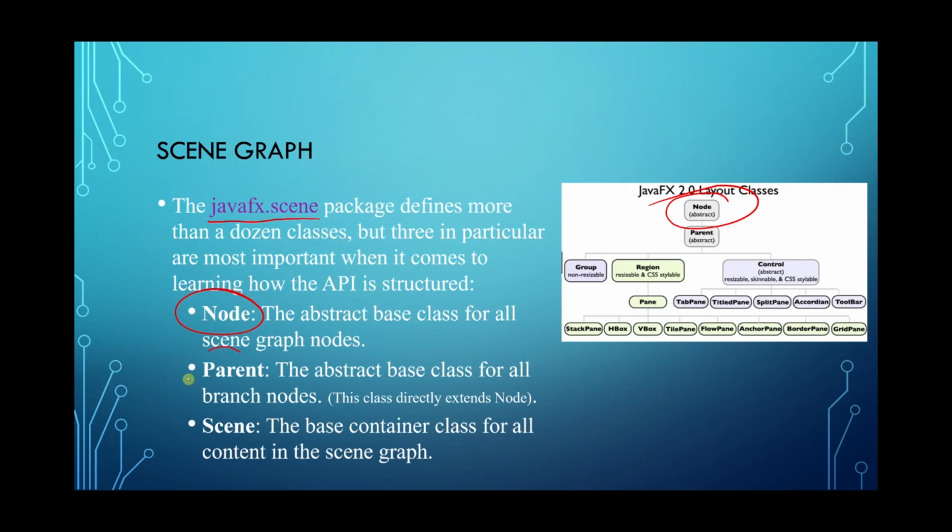And the parent, this is an abstract class for all branch nodes. And this class directly extends node. And the scene class. So the scene is the base container class for all content in the scene graph. Those are the most important things you should know.